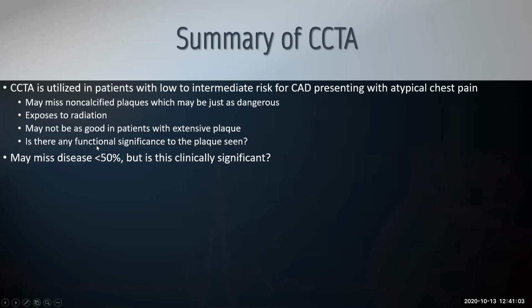But the question really comes down to, is there any functional significance? And I think this is why we still continue to see the stress tests have a strong role in cardiac patients right now, because of that functional aspect. Because we know that when we see patients that potentially have some disease on the cath or what have you, it's important for us to know from a nuclear perspective or from an echo perspective, is that actually doing anything though?